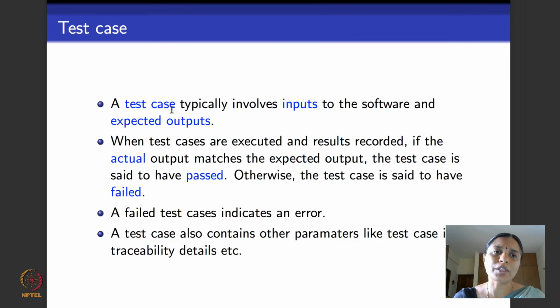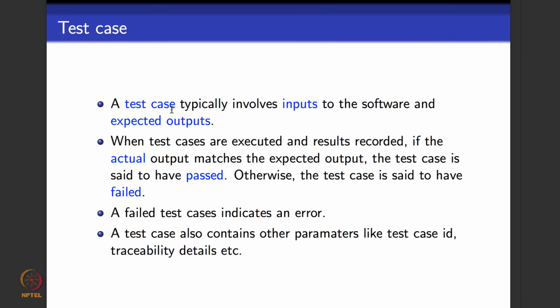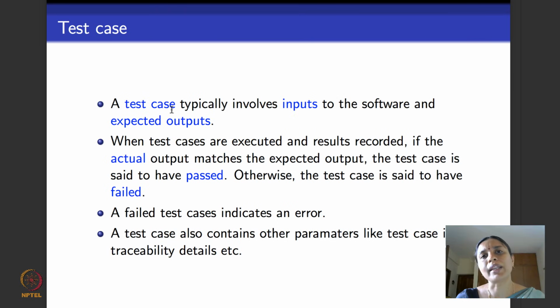Another important term that you need to know and get clarified right now, that we will use throughout the course in testing, is, when we say testing, the first thing that we have to do is to write a test case. What is a test case? A test case typically has two main parts. It gives inputs to the software artifact that is concerned, and it also says when I give this input to the software and execute the software on that, what is my expected output, right?